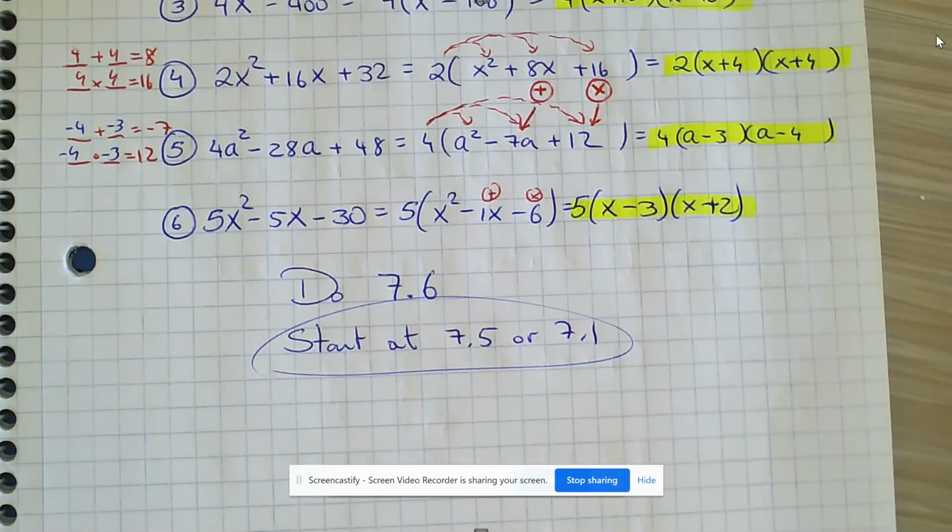So we know it's 3 and 4. And 3 times 4 is 12, so that's no problem. But 3 plus 4 is not -7. I want it to be -7. So let's make it -3 and -4. That'll give you -7. And -3 times -4 is still +12. So there's my answer.